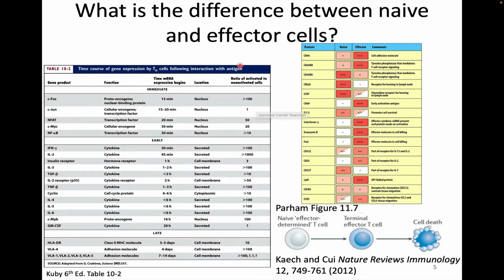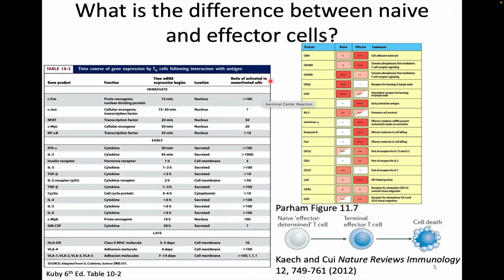But the really important thing that I want you to notice is this column that's all the way on the right in this table, which says ratio of activated to non-activated cells. So basically the idea that is being shown here is how much more of this transcript is present in a cell that is an effector cell or an activated cell compared to a naive cell.